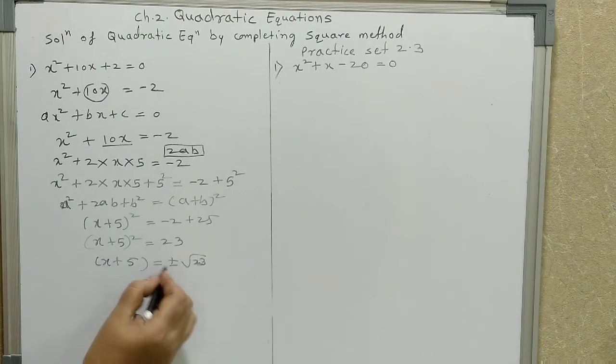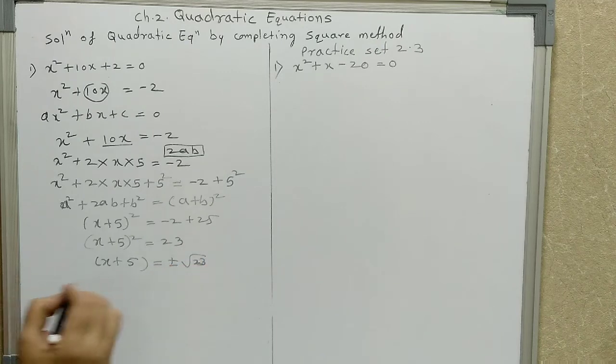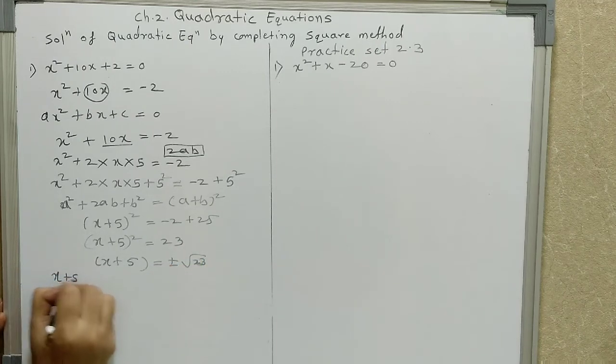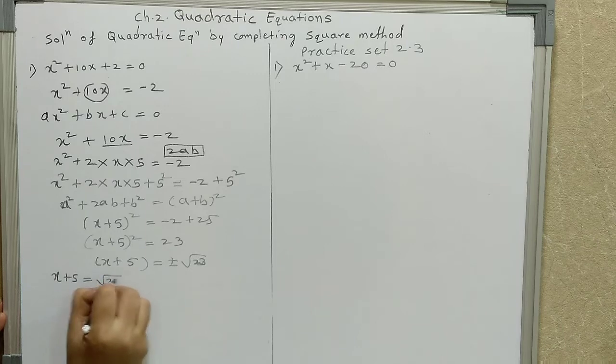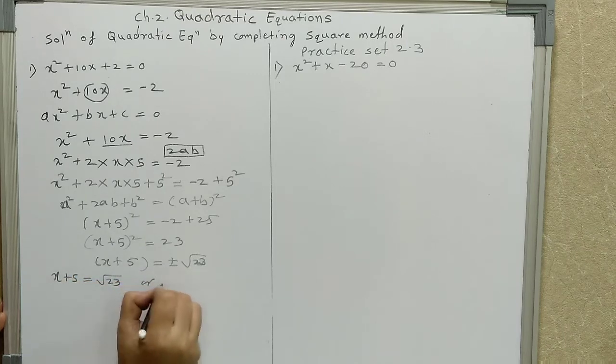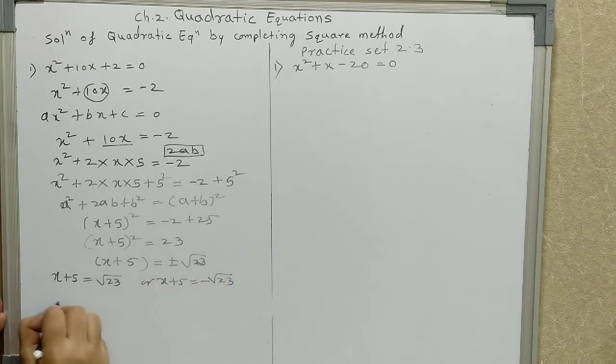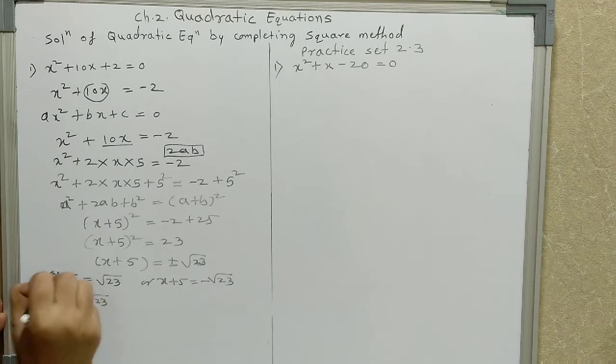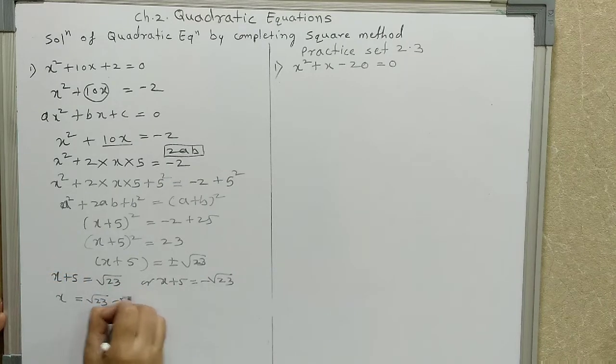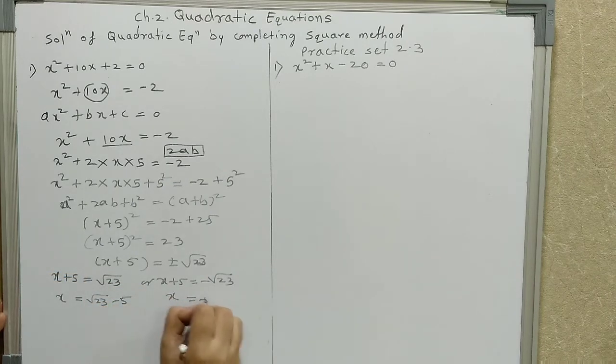Here x + 5 = ±√23. First we take x + 5 = √23, or x + 5 = -√23. Here x = √23 - 5, and x = -√23 - 5.